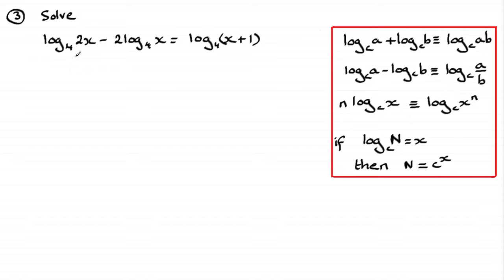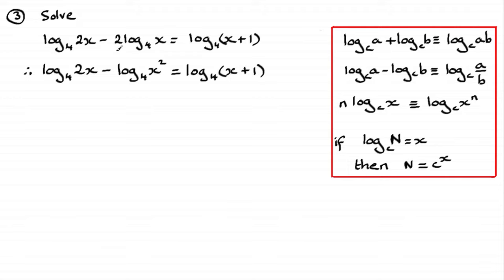And you can see at the moment that I've got 2 terms here on the left-hand side. So I'm going to group these together. But before I can group them together by the subtraction rule here, I need to get rid of that 2. So I can use the power rule.